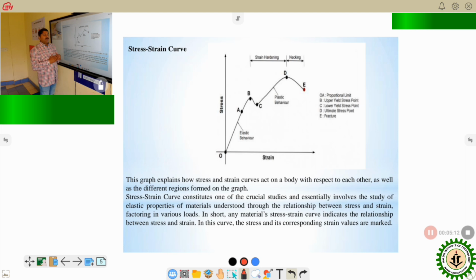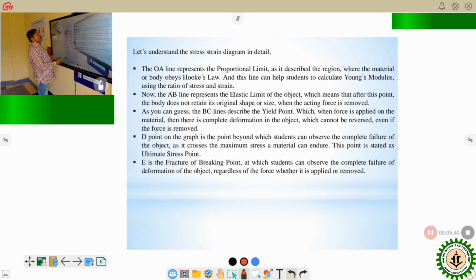Proportional limit means if we apply tension or load and then release the load, the material will regain its original state. That is why we say elastic region: it is elongated, but if we release the stress, it comes back to its original state.